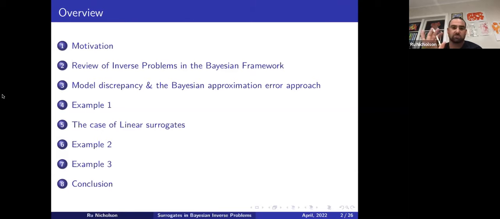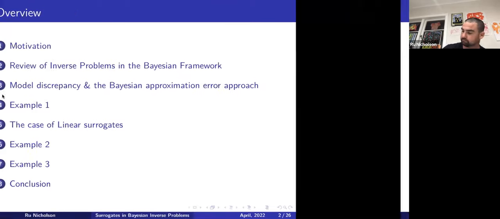And he said, I'm not going to spend my time talking about that, but I could. And so this is perhaps that talk or something similar to the talk he could have gone on to give about those modeling errors. Okay, and then as I say, we'll look at the linear case, so the case of linear surrogates, and then consider two examples, and then of course wrap up with some conclusions.